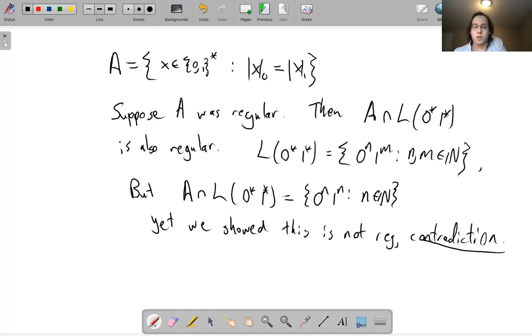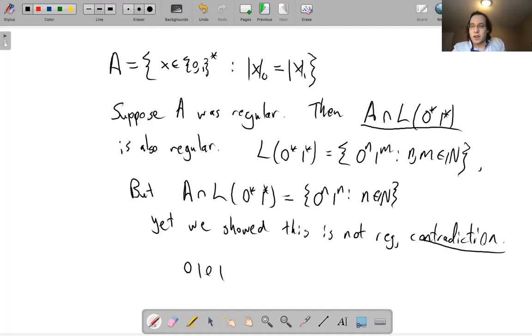Note that we used here the closure of regular languages under intersection. This is one of the most useful closure properties for showing a language is not regular: intersect with a regular language to simplify the language A. Language A was somewhat complicated. It has a lot of different types of strings, for example the string 0101.